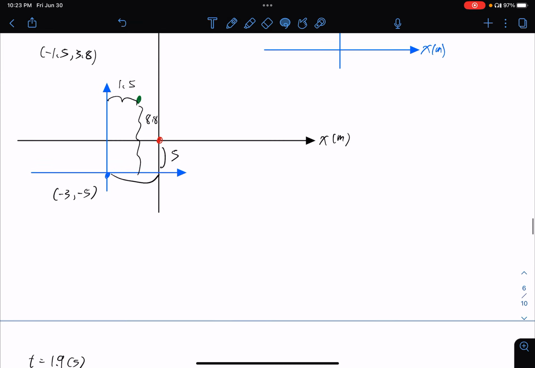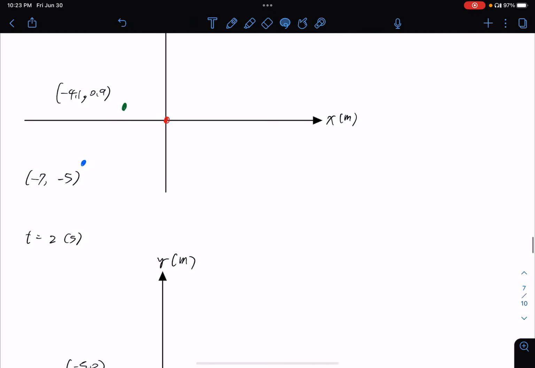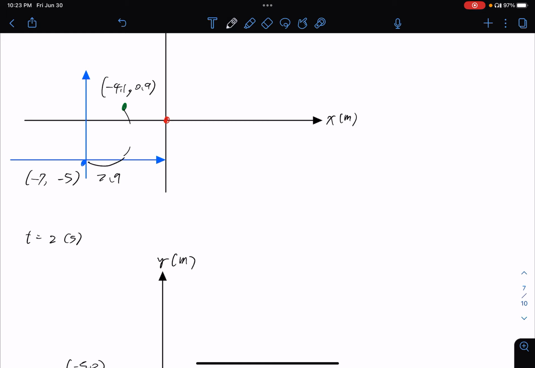Now, the next one, let me draw a blue dot here. Okay, the next one will be t equals 1.9. This is again in the way. Let me move it to the other side. All right. So it is minus 7 to 4.1, that is 2.9, and then this is minus 5 to 0.9, this is 5.9.